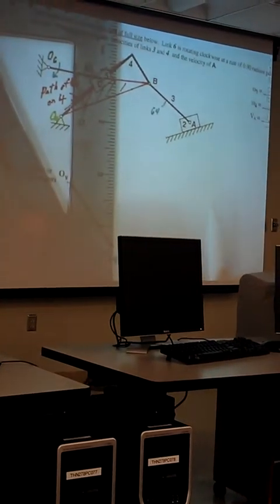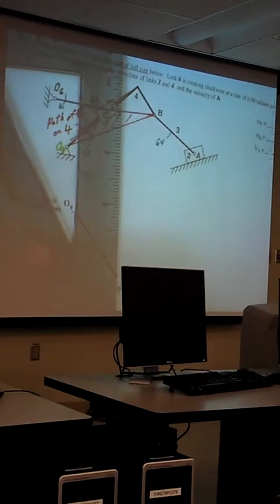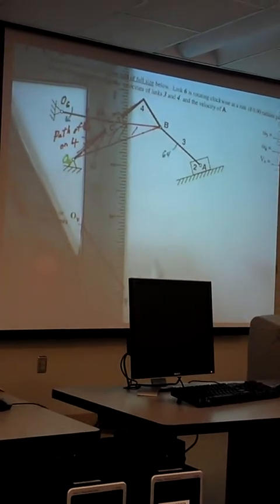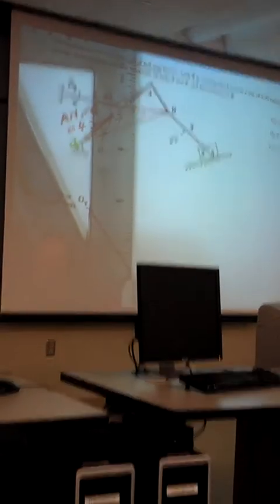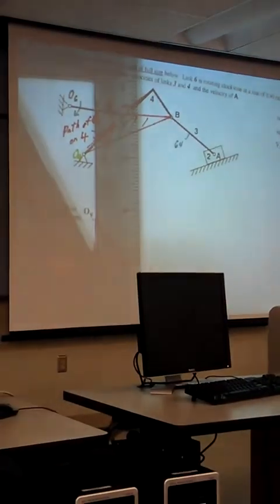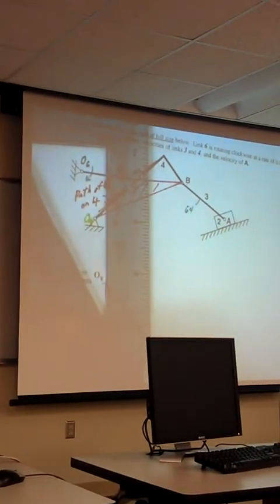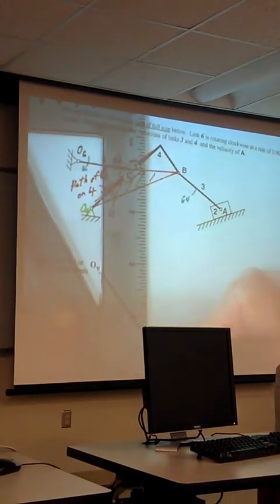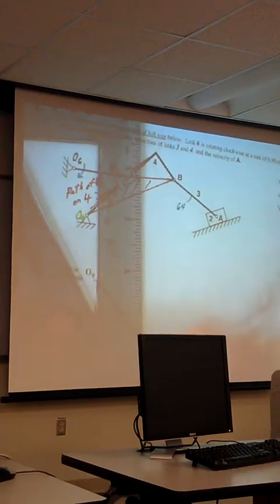Okay, so I'm going to draw a line that's going to be perpendicular to CB. It's going to go through C4. And I can see that there's an obtuse angle greater than 90 degrees in here. So I picked the side that's going to give me an angle between the two sides I already have greater than 90 degrees.